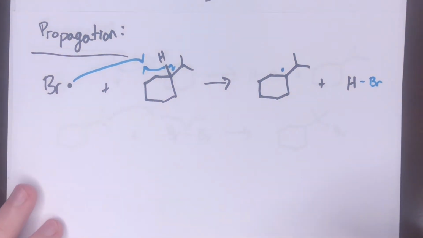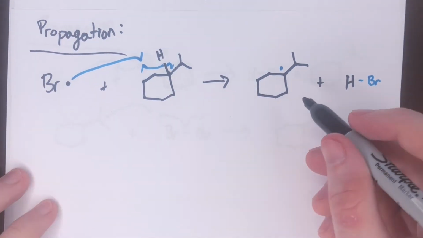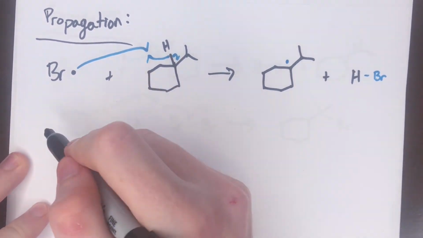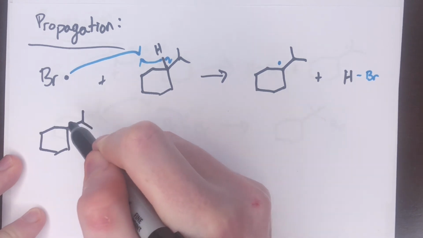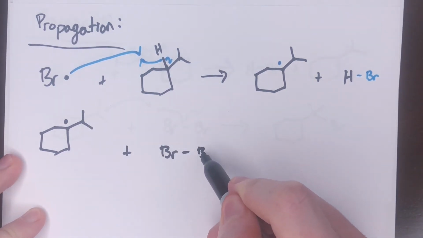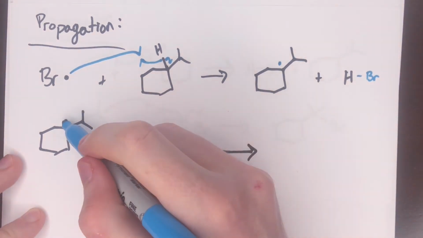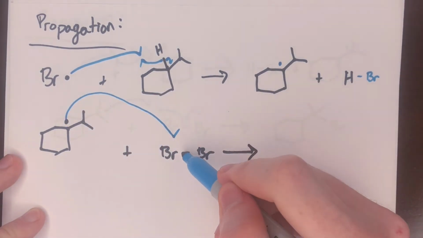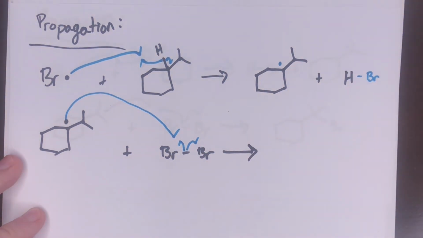All right. And then there's one more propagation step to make the other product, where we use this carbon radical one more time. This reacts with the Br2. So we use this radical here to form a carbon-bromine bond, and then the bromine radical forms.